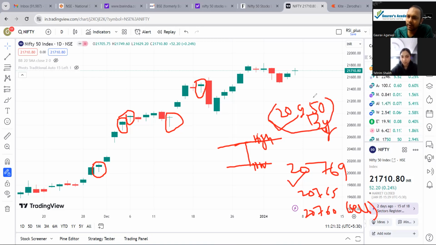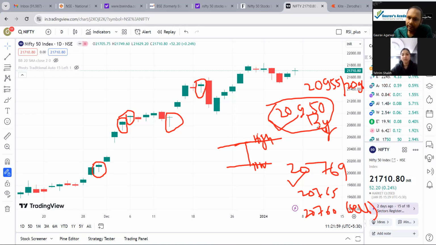The high price is 20950. So whenever Nifty 50 goes beyond this price, maybe 20955 or 20960, then we will buy that stock. I will tell you later how to buy it from the platform, but for now, assume that if the price crosses the high price, we have to buy it.